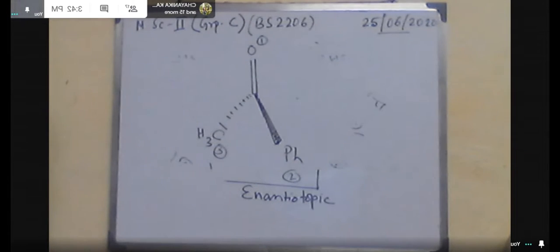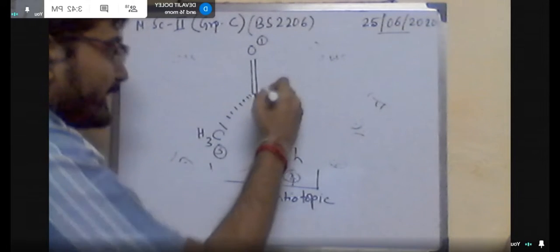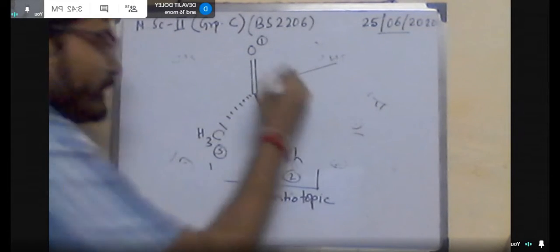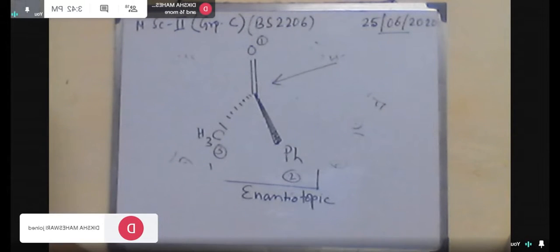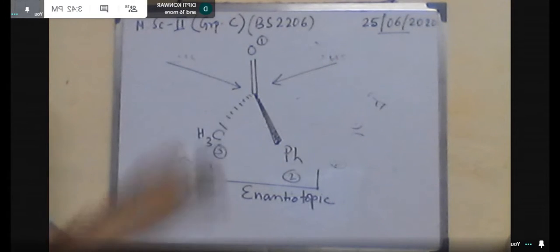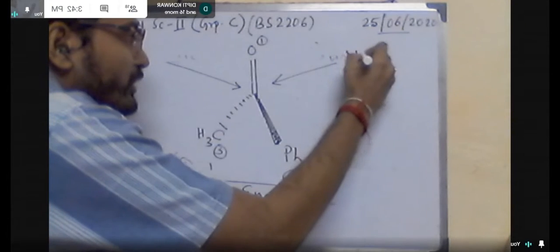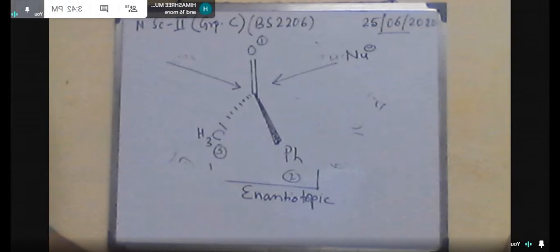So by addition of some nucleophile, this is basically the nucleophilic addition reaction, because it is the electrophilic center, the electrophilic carbon. So that means the nucleophile is the electron rich species, it will attack the electron deficient center. So here, if the nucleophile attacks here, it can form the geometry like this.